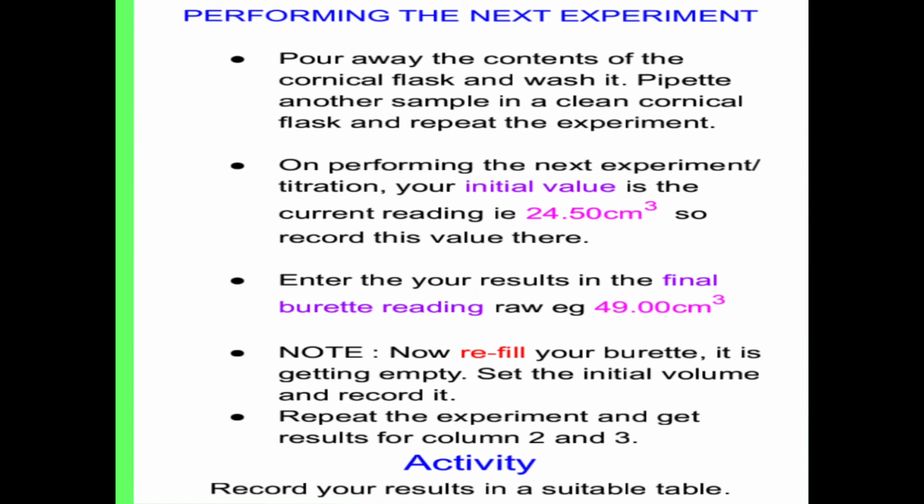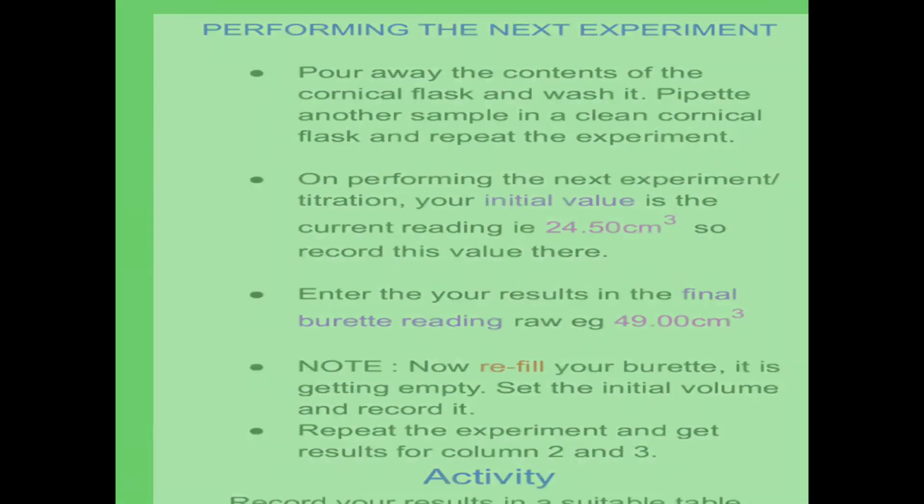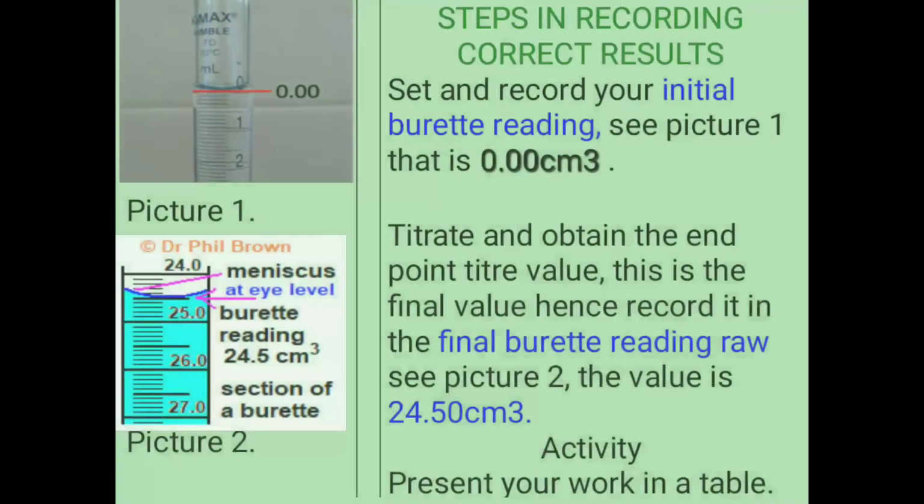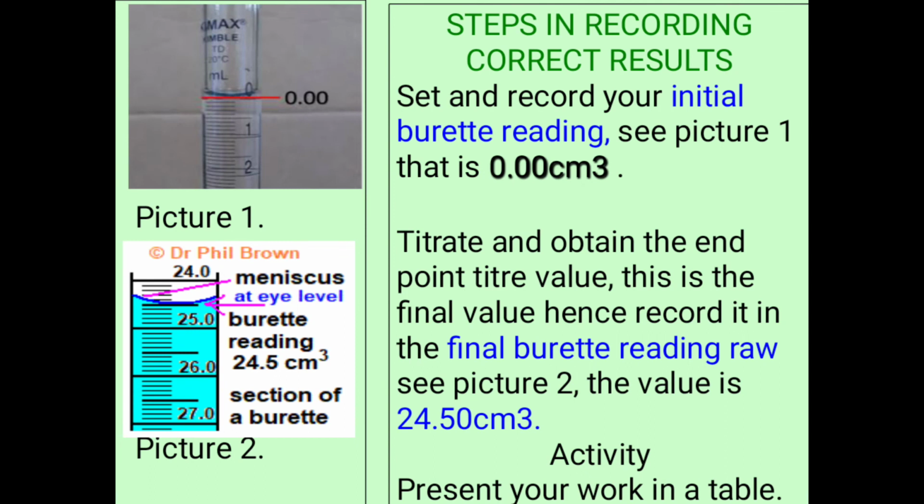Now, after doing that, before you start off with another titration, you need to record the initial titer value. In this case, the initial titer value is the value where we stopped in the previous experiment. In our previous experiment, we stopped on 24.50. So that is our initial titer value.